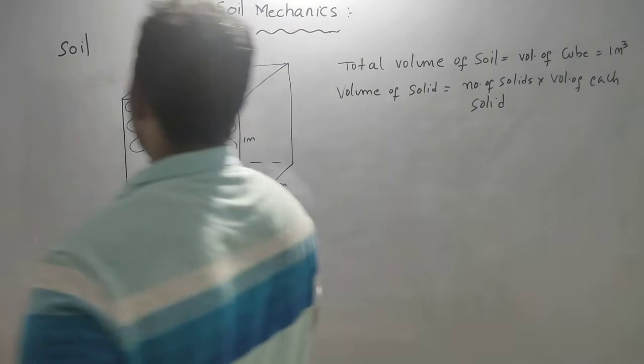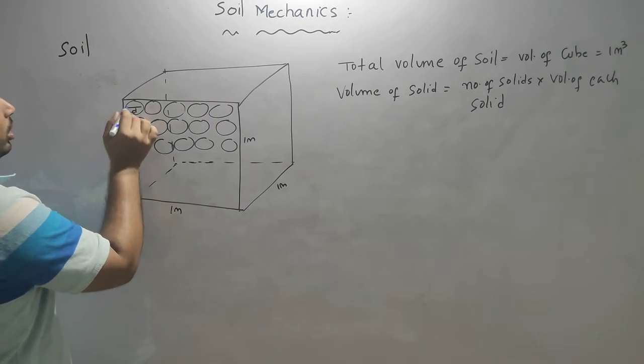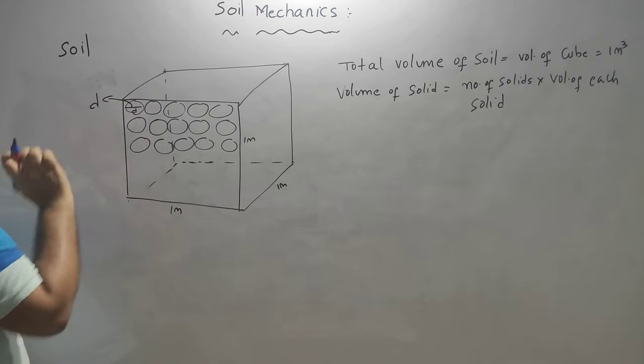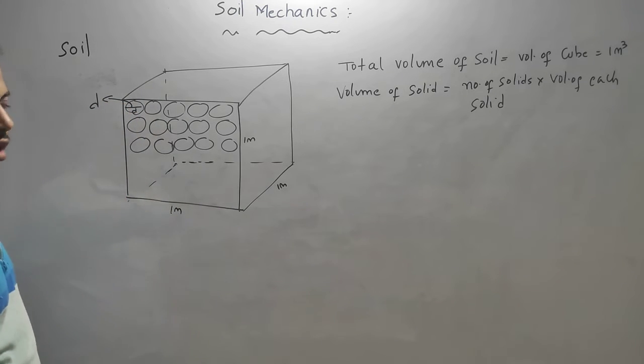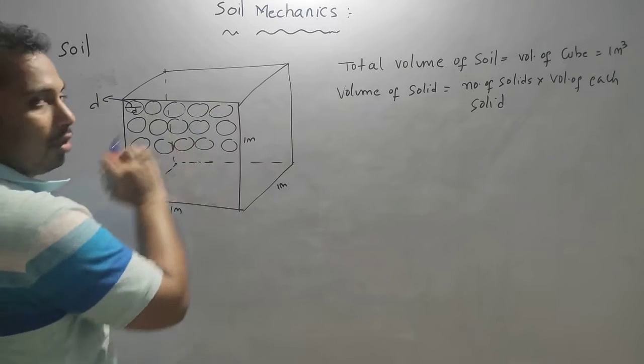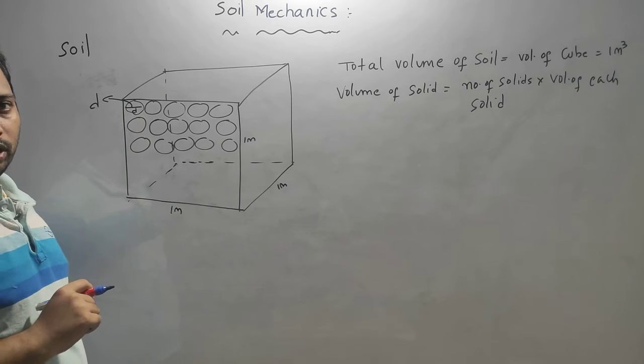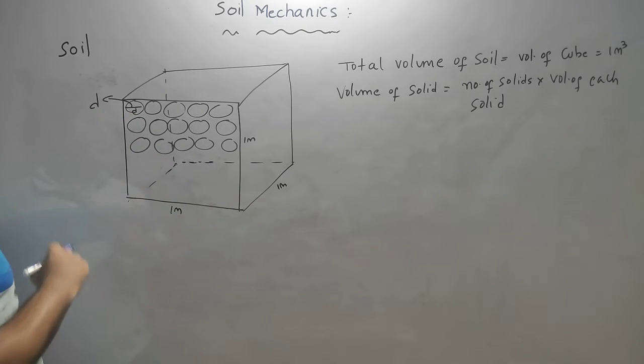See, for example, the diameter of this particle is D. I assume that the diameter is D. Now, how many particles am I having? This is 1 meter, and this is diameter D.